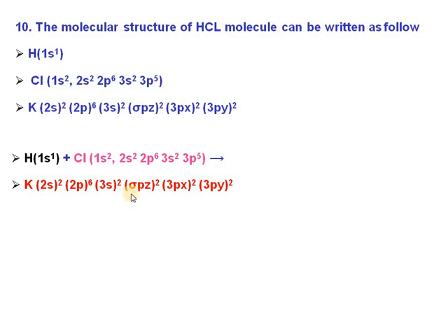But only the sigma pz2 molecular orbital forms the new bonding molecular orbital of hydrogen chloride, and the 3px2, 3py2, 3s2, 2p6, 2s2 and similarly 1s2 are the non-bonding electrons.